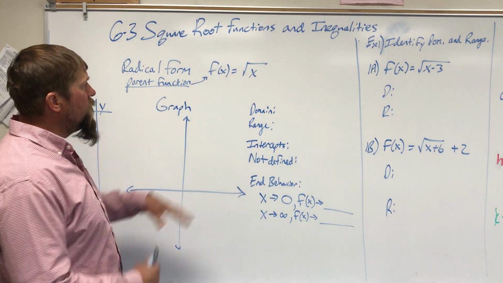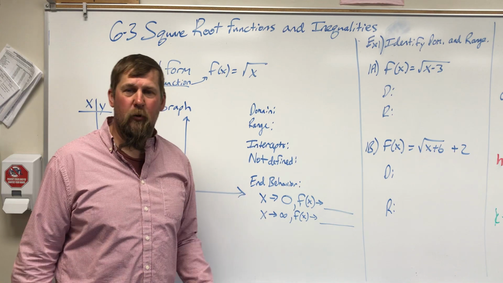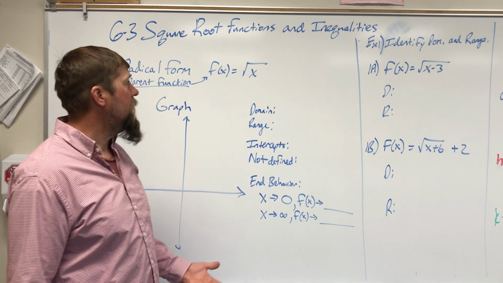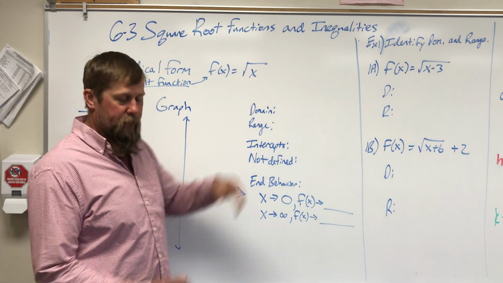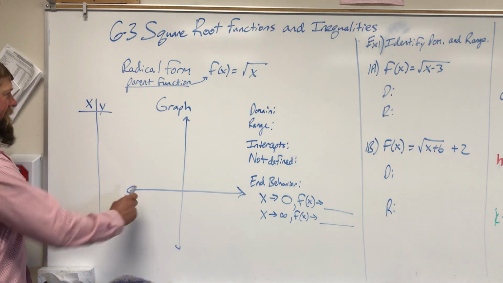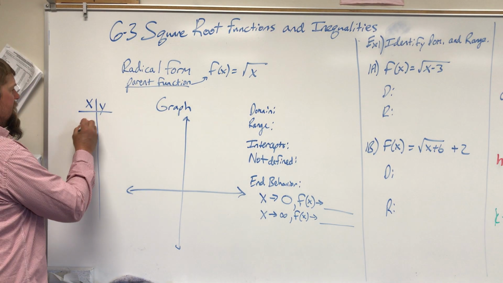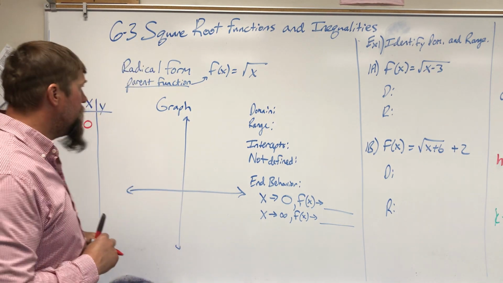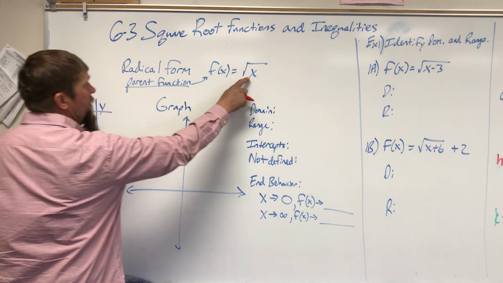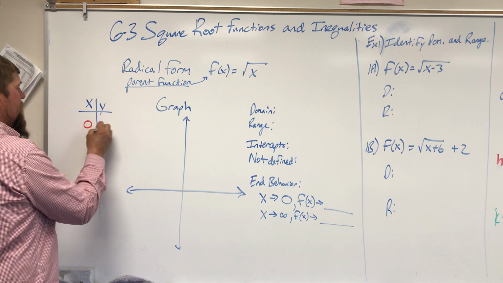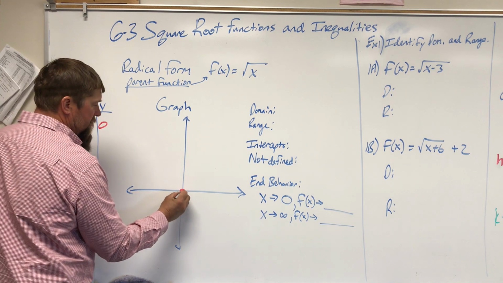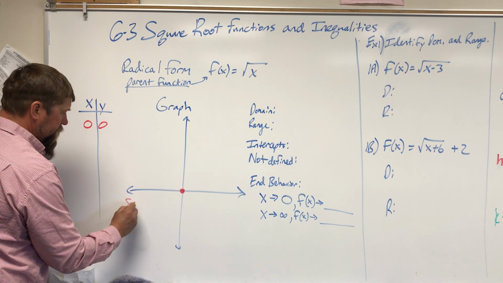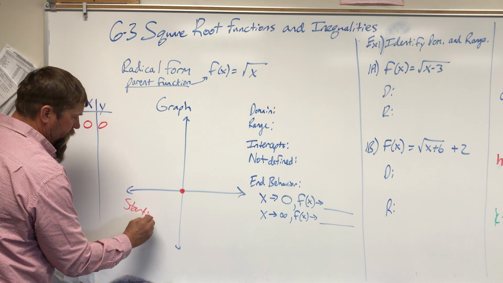So for this to be a real number, we have to put in 0 or greater in for this x. So when we start graphing this, I'm going to put in 0 in for x because that's the lowest number I can put in. Put 0 in, I take the square root of 0, I get 0.